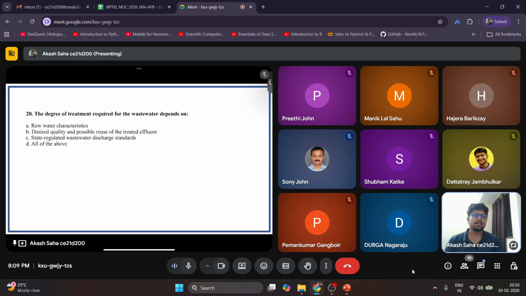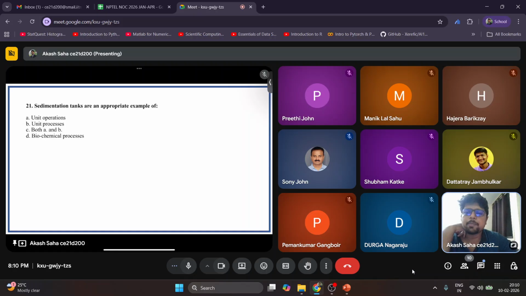So raw water characteristics and what is the future use of the treated water, like for what purpose we are reusing it, or what is the discharge standard by the government or the local body. We have to take both things into account and then do the treatment. So all of the above is the correct answer.